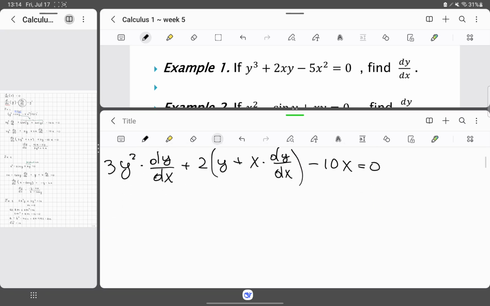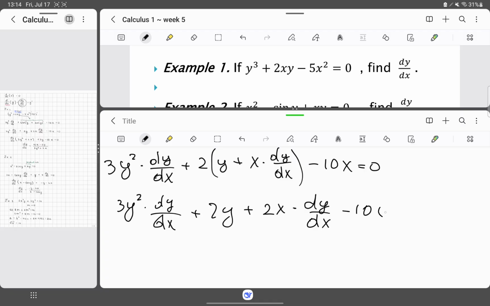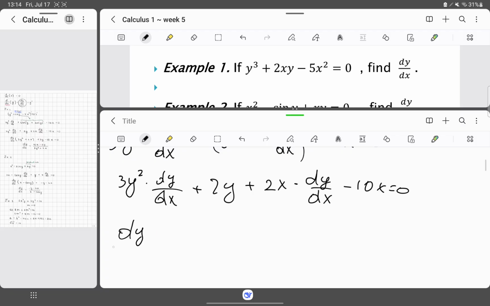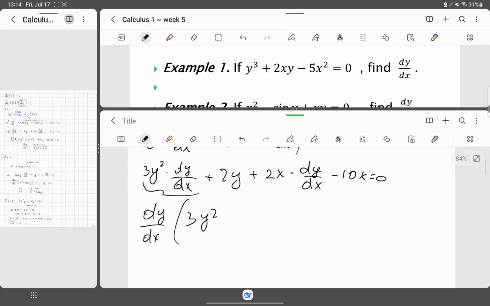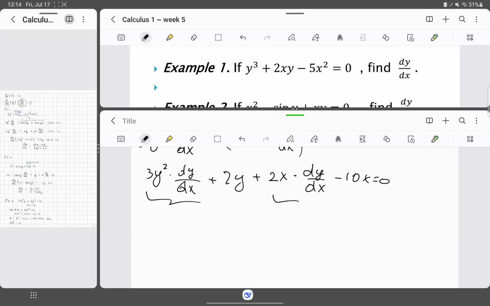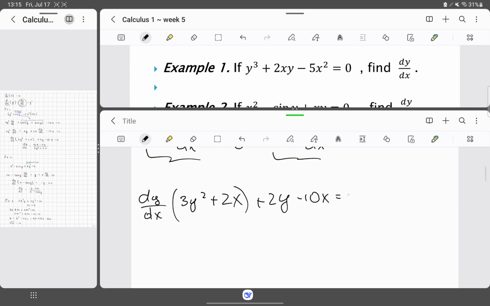So simplify it. 3y squared times dy over dx plus 2y plus 2x times dy over dx minus 10x equals 0. The dy over dx terms go together, and the others go together. So dy over dx times (3y squared plus 2x), plus 2y minus 10x, equals 0.